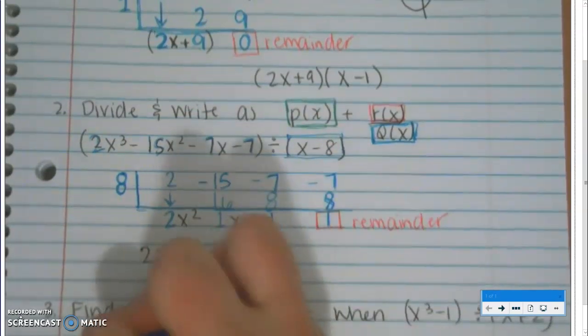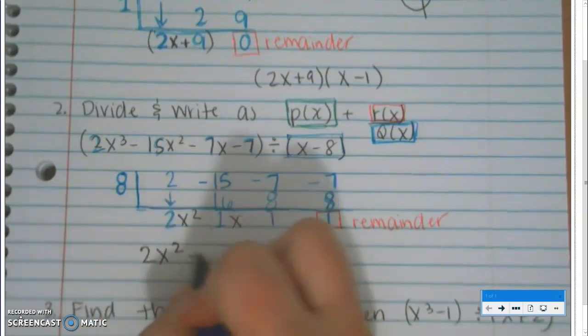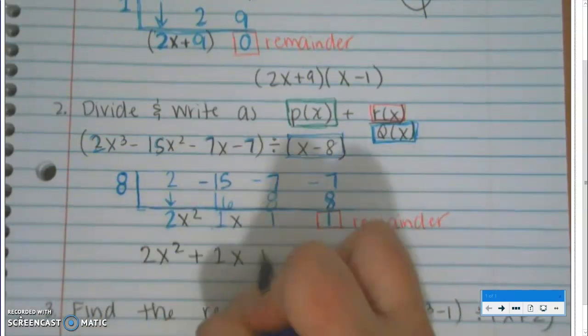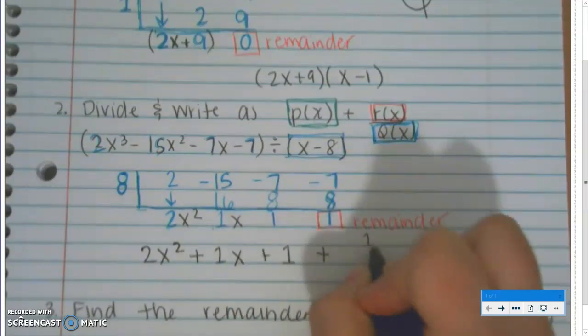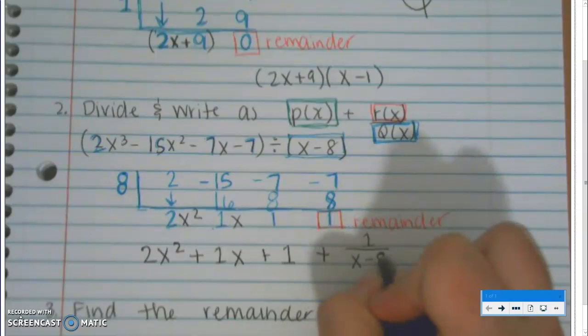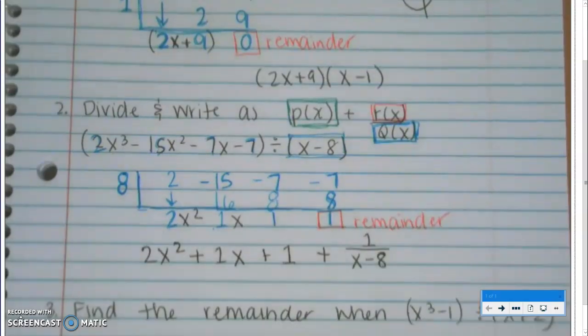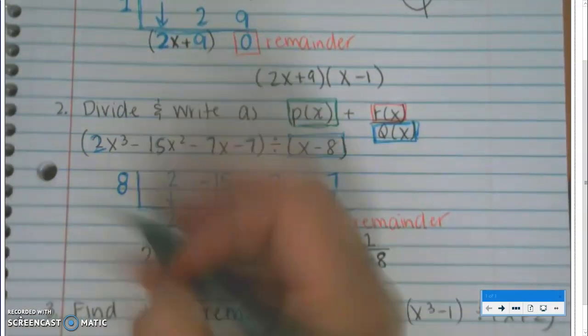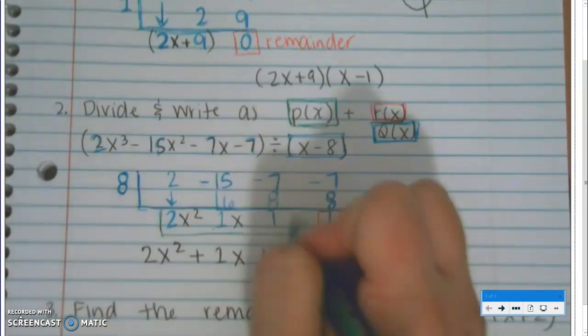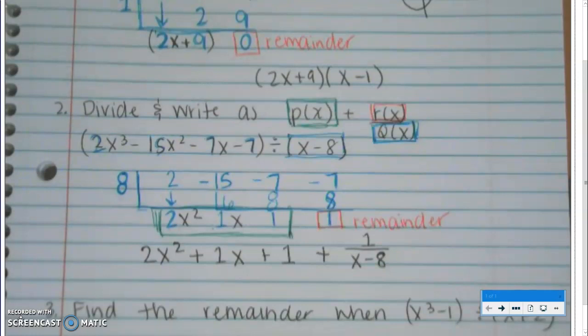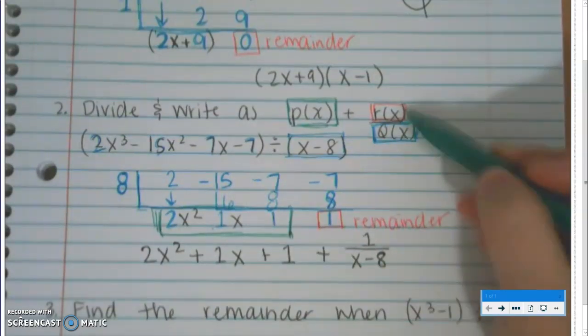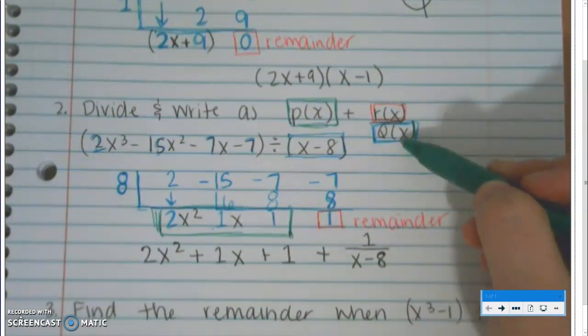So the right way to put my answer will be 2x squared plus 1x plus 1 plus 1 over x minus 8. So this part is the p of x plus the remainder divided by whatever you were dividing by.